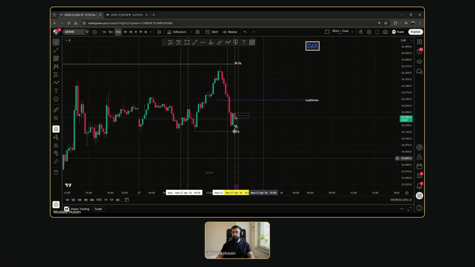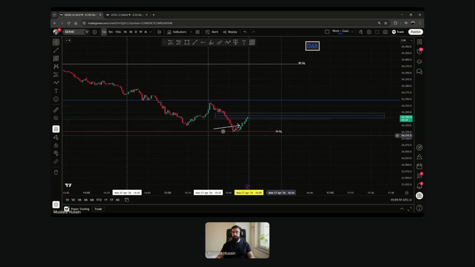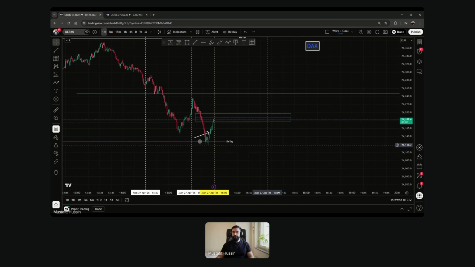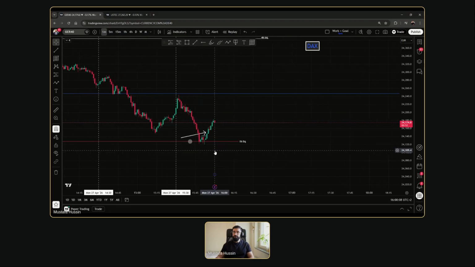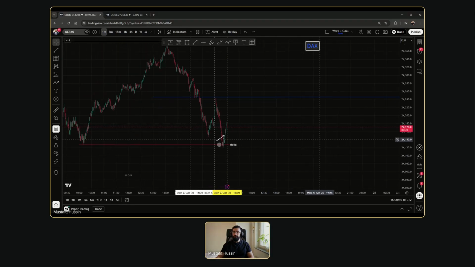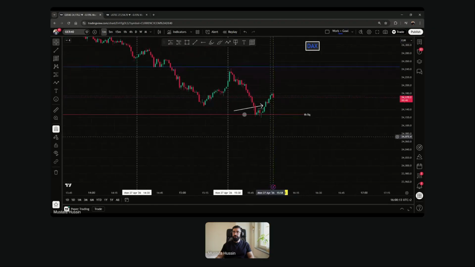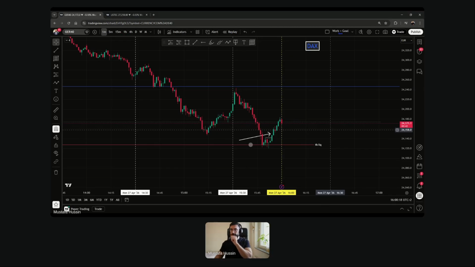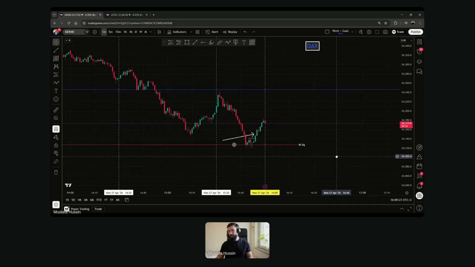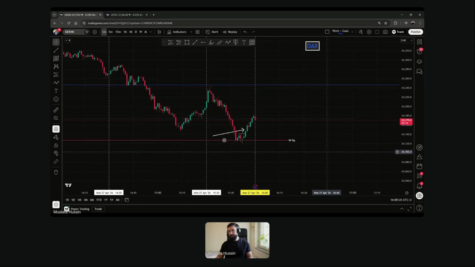Marking out equilibrium. Right. When our candle closes, we are looking for a reaction to the downside right now. Yeah.